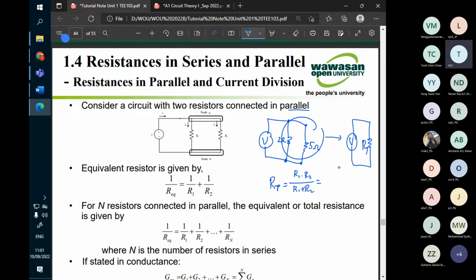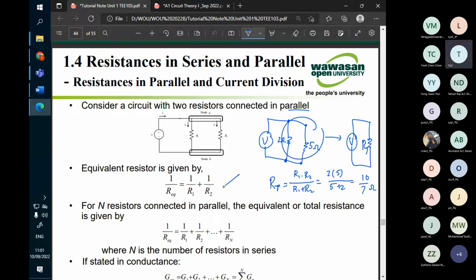So for this example, 2 times 5 over 5 plus 2. So the total resistance is 10 over 7 ohm. Okay, just like that.